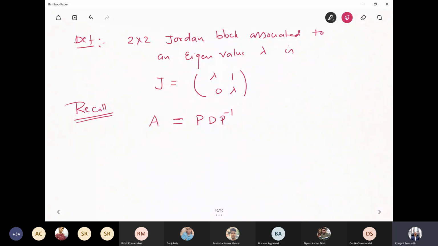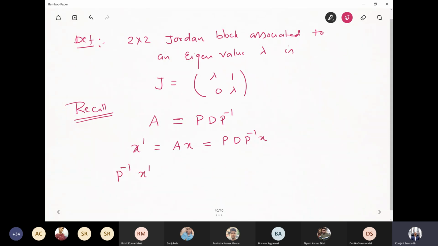So if I'm looking at the system x prime equals Ax, then I know that A is nothing but P D P inverse. Okay. So multiply both sides by P inverse.